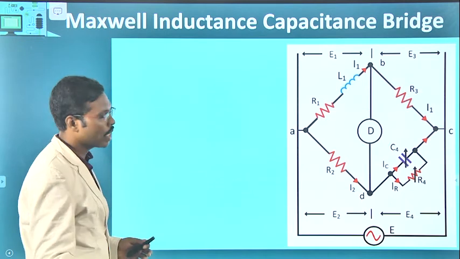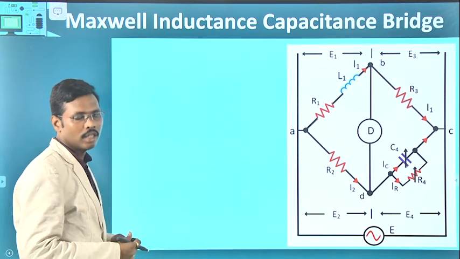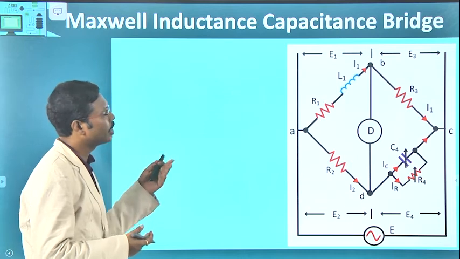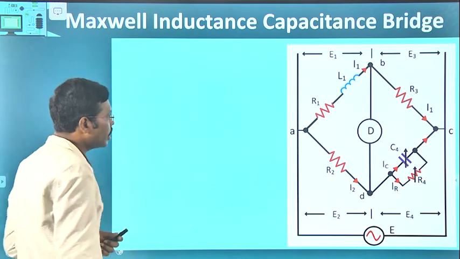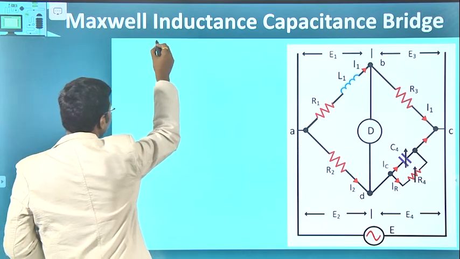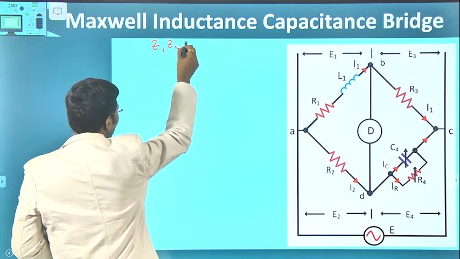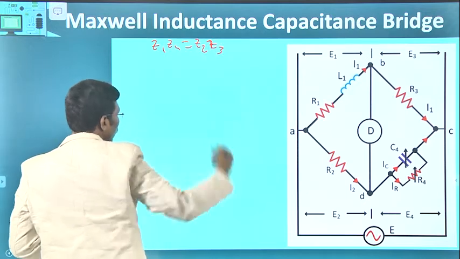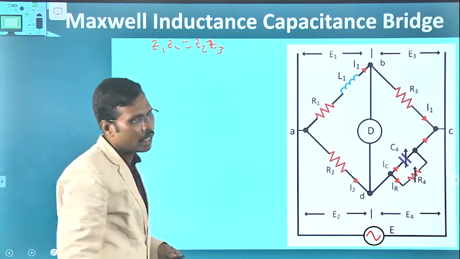Now we will try to derive an expression for the balanced condition for this Maxwell inductive capacitance bridge. For that we will take the initial condition Z1 Z4 is equal to Z2 Z3, which is the balance condition for any AC bridge.